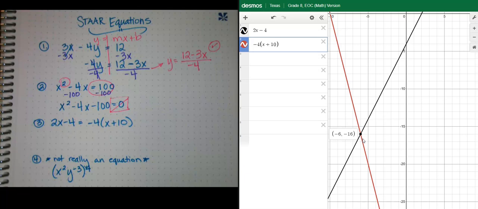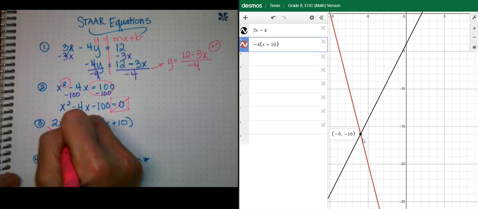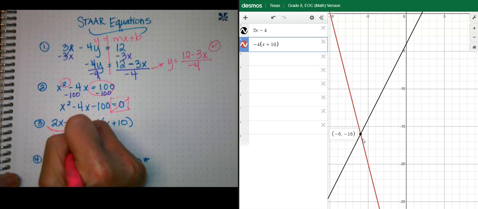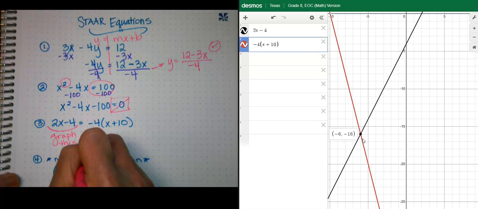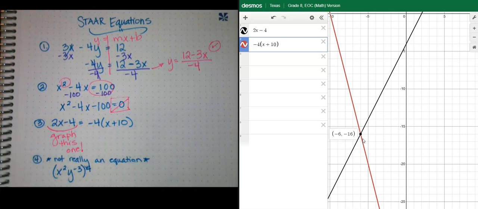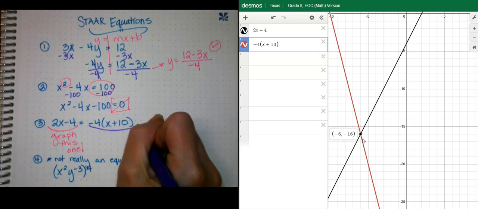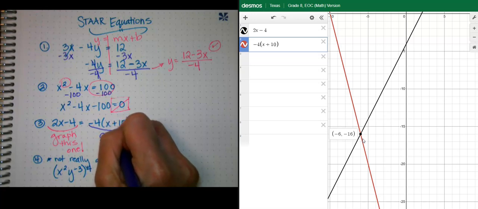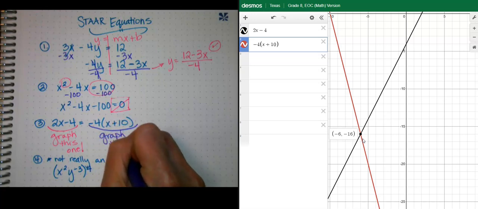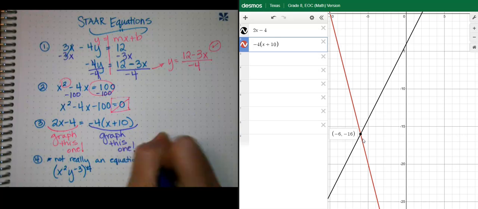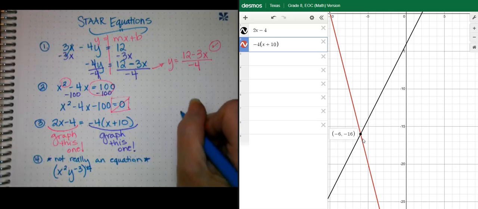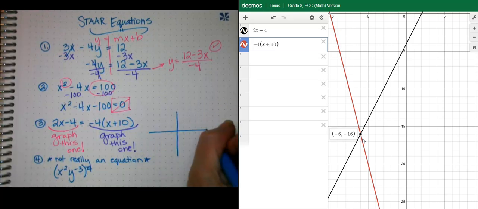So looking at what we did there, just so you have it. Graph this one. Graph this one. Once you do, have your graph.